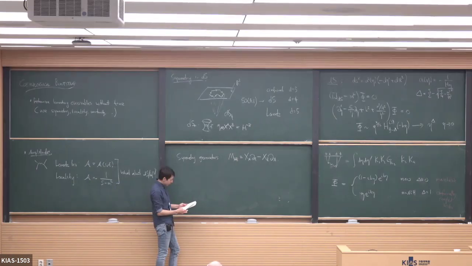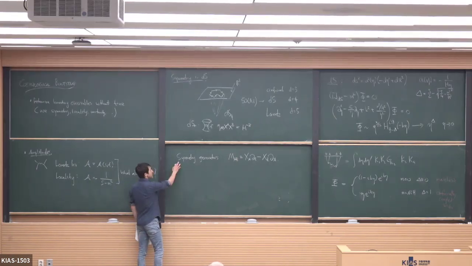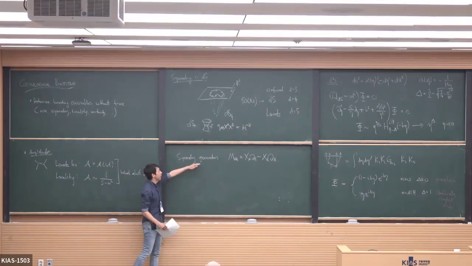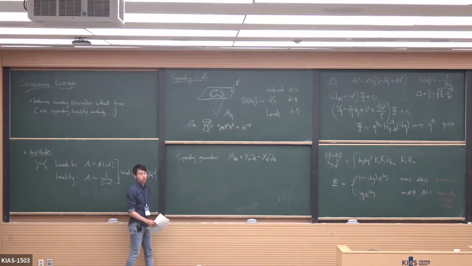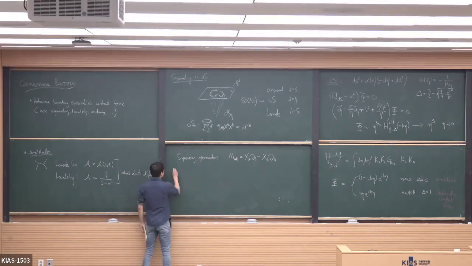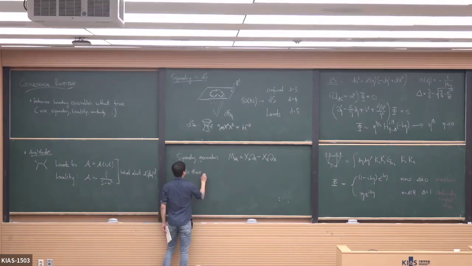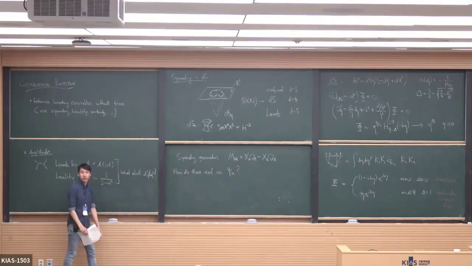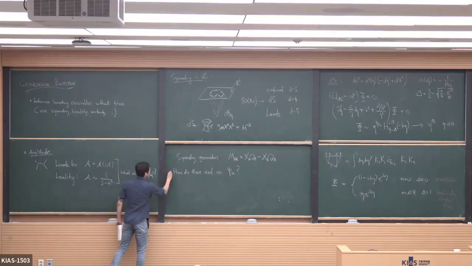All right, so we have the symmetry generators that act on this global de Sitter space. But now we want to understand also how the symmetries actually act on the wave function coefficients that we want to compute. Okay, so how do these act on these wave function coefficients, psi n? So that's the next question.